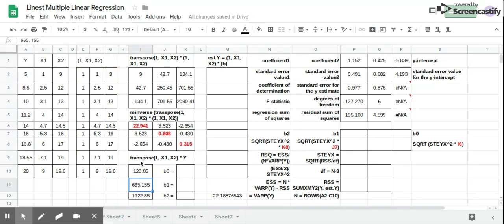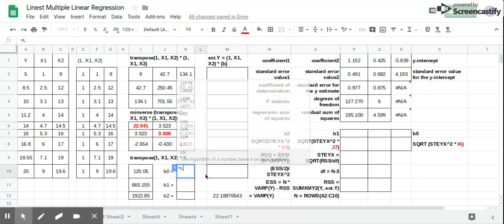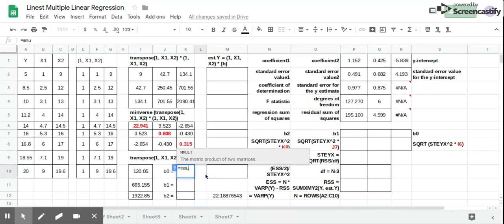Now that we have this product, we can multiply the inverse and this matrix, which is equal to this matrix and this matrix.